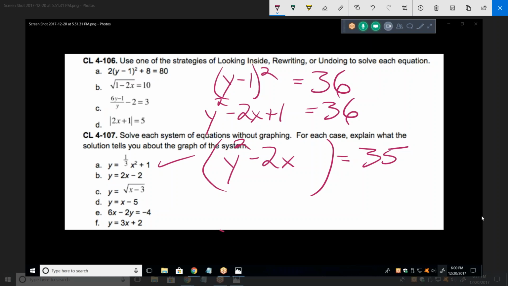So how would I complete the square here? What's the process of completing the square?